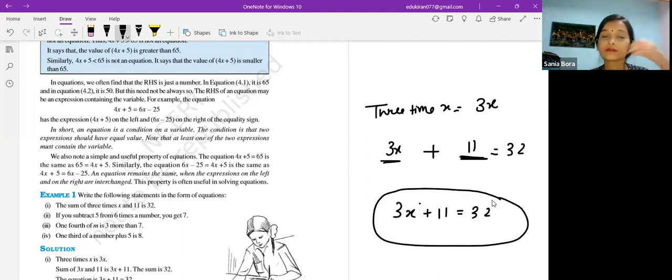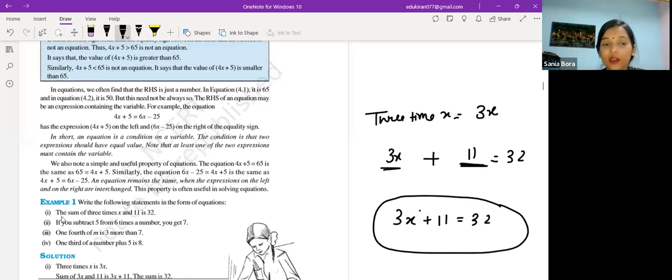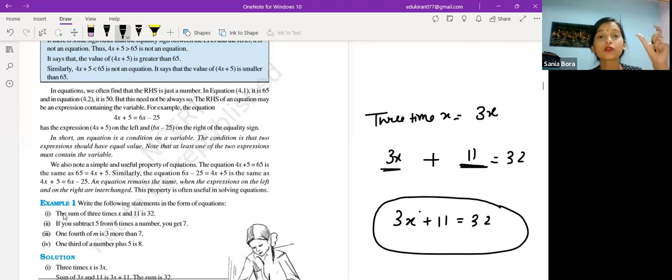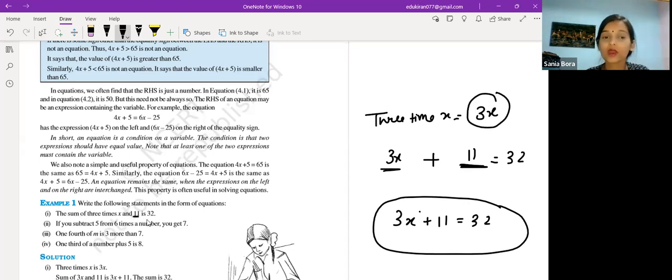Clear? Ma'am, can you just explain it again? Okay. So the question says, read the question. The question is saying you have to make an equation. They are saying the sum of means you have to add two numbers. But you don't know what numbers you have to add. So sum of what? Sum of 3 times x, which is 3x plus 11. What will it give?